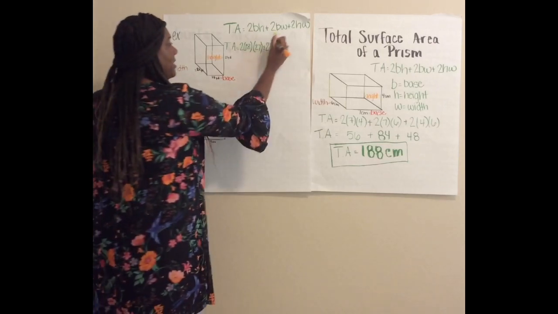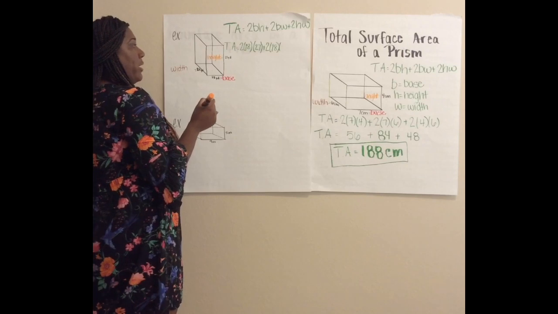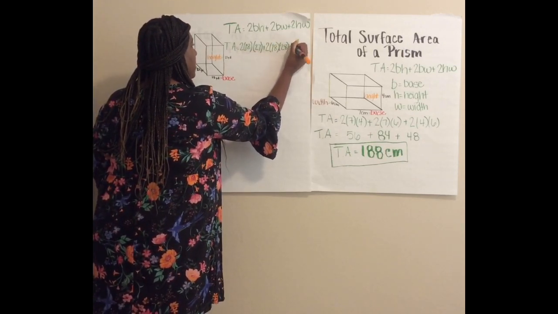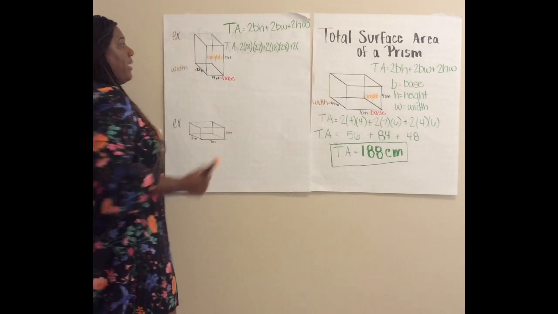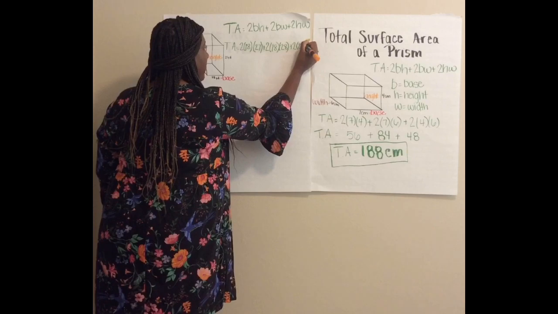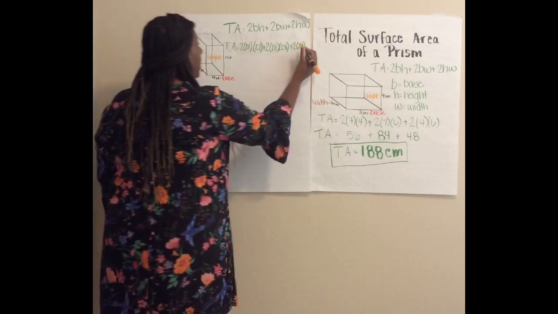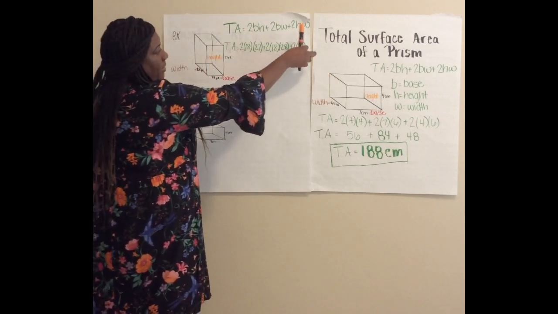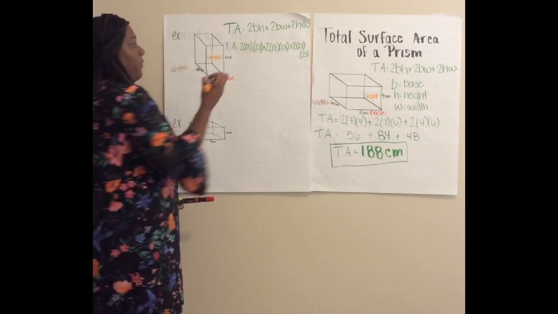Our base is still 18. Your width is what? 28. Close it. Plus another 2. Our height, 27. And our width, 28. I just wrote my 28 down here because I ran out of room right there, okay? I didn't do nothing different.